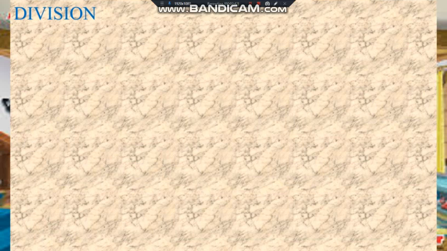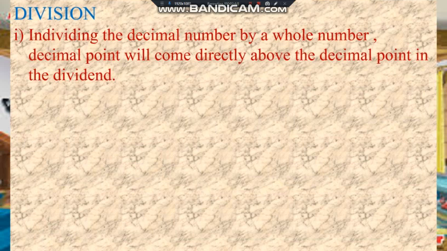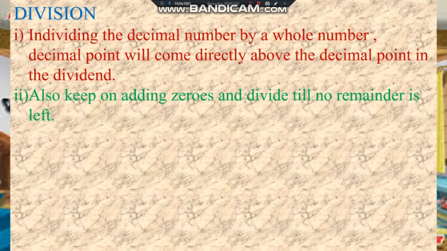Let's see division. In division, if we divide a decimal number by a whole number, decimal point will come directly above the decimal point in the dividend. Okay, dear student, this you have to remember. Then also we add zeros till we get no remainder.